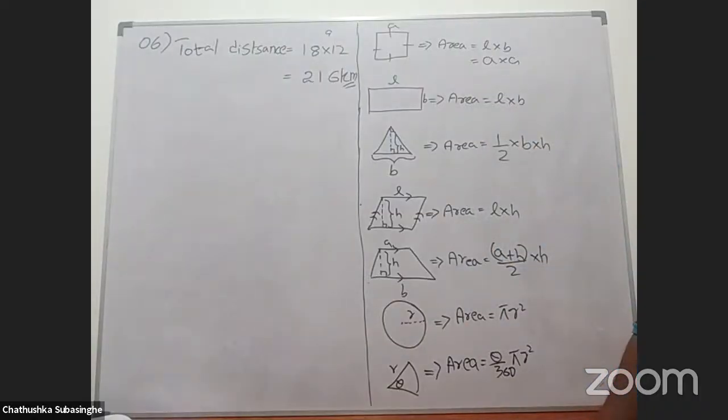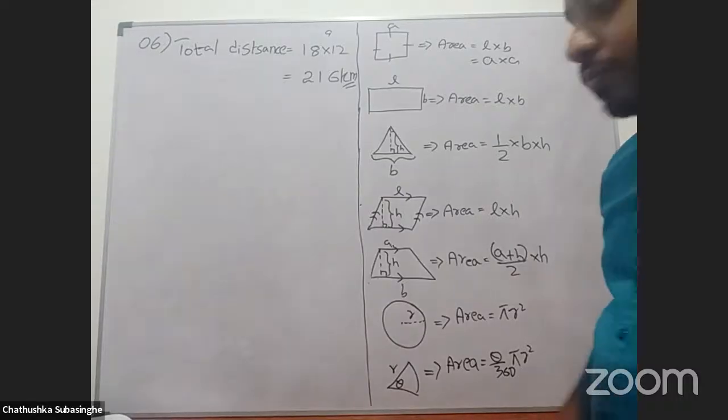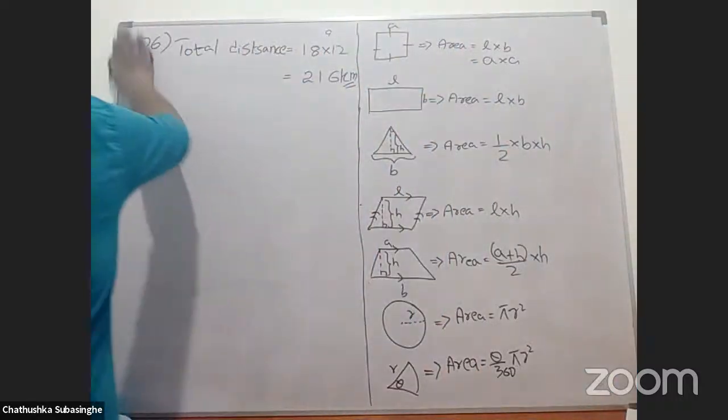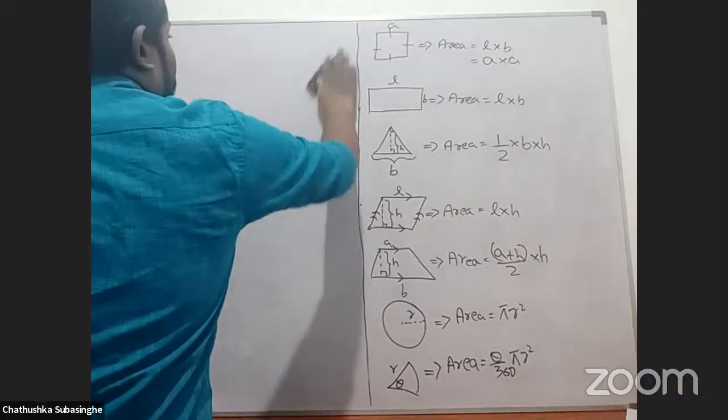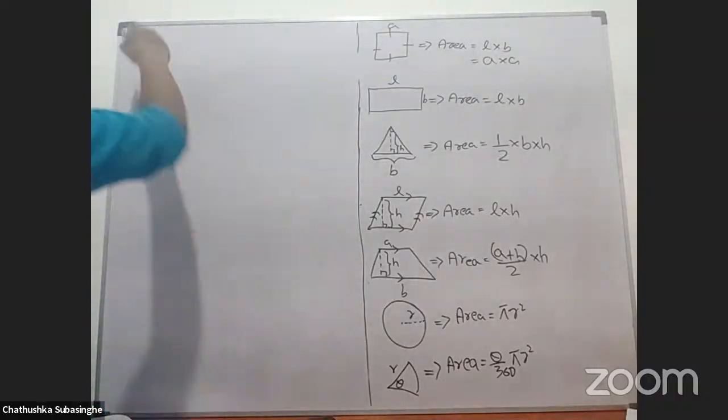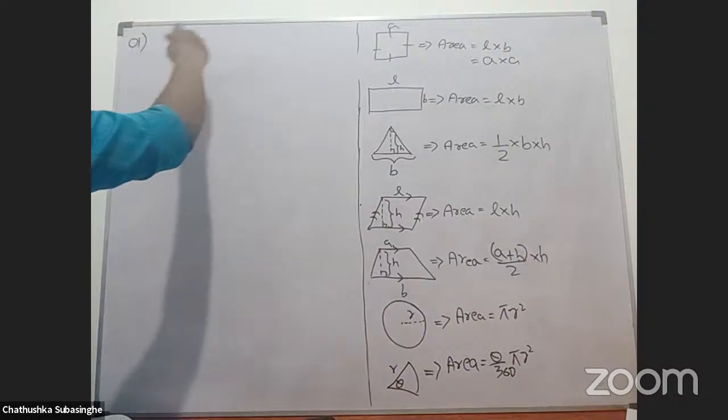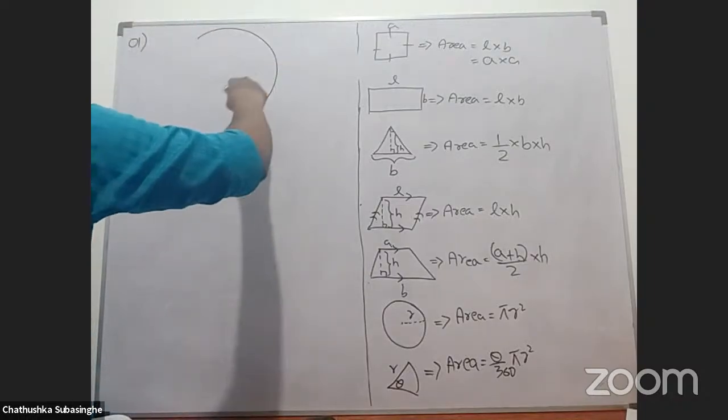So the question says the figure given shows a doormat consisting of a darker area and a lighter area. The radius of the inner darker part is 49 centimeters, whereas the outer lighter part is 63 centimeters. So, question number 1. I have two circles.